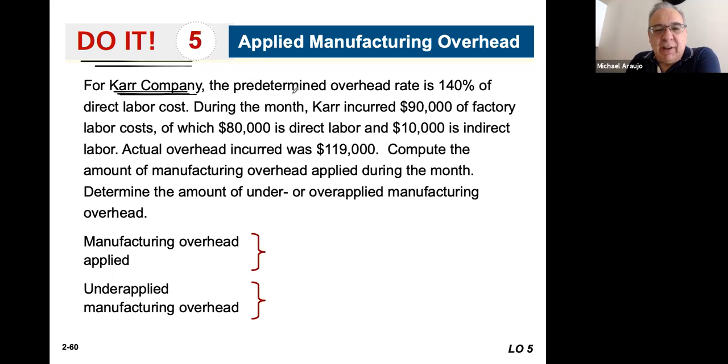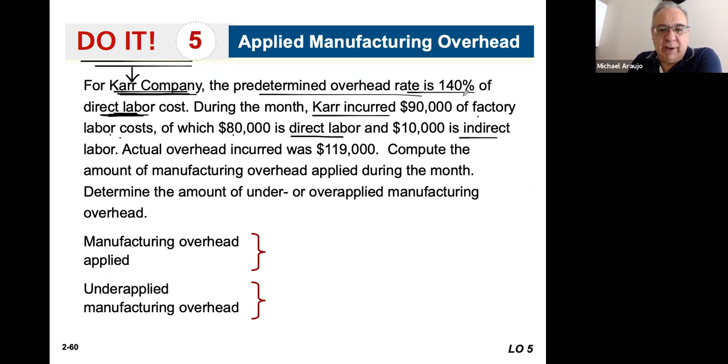So we have here a predetermined overhead rate of 140% of direct labor for CA. CA incurred $90,000 of factory labor costs, of which 80,000 is direct labor, so that's important to know, and 10,000 is indirect labor.